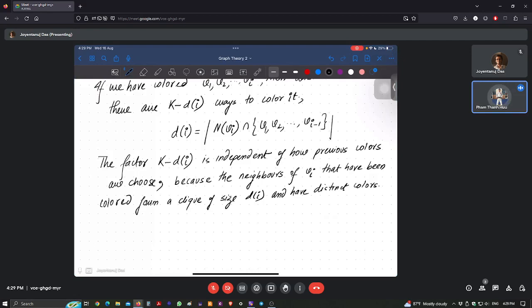Fine. Let us see an example that is not a tree.